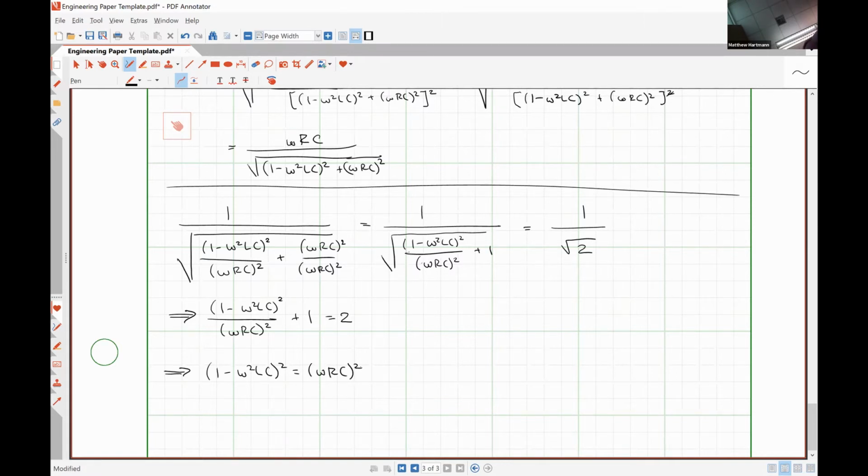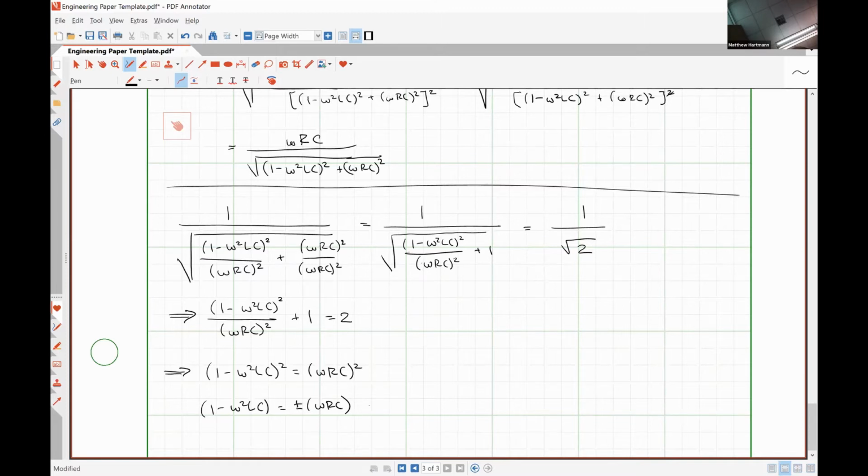And now I'm going to say that 1 minus omega squared LC is equal to plus or minus omega RC. And I can manipulate this to get 2 different quadratic equations, okay?